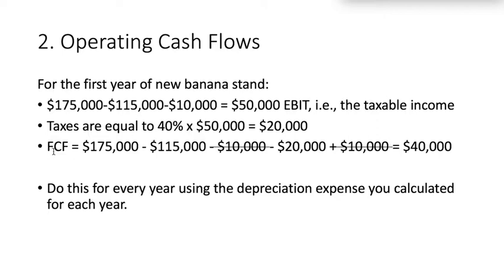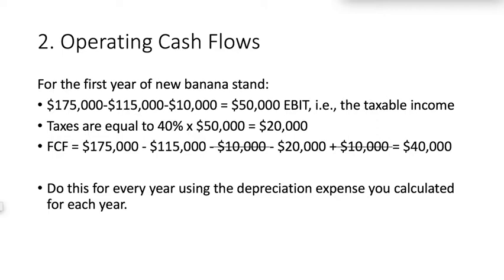And so ultimately the free cash flow is going to be sales minus expenses. We would subtract out depreciation and then taxes and then add back depreciation, but obviously those cancel out. And we get 40,000.